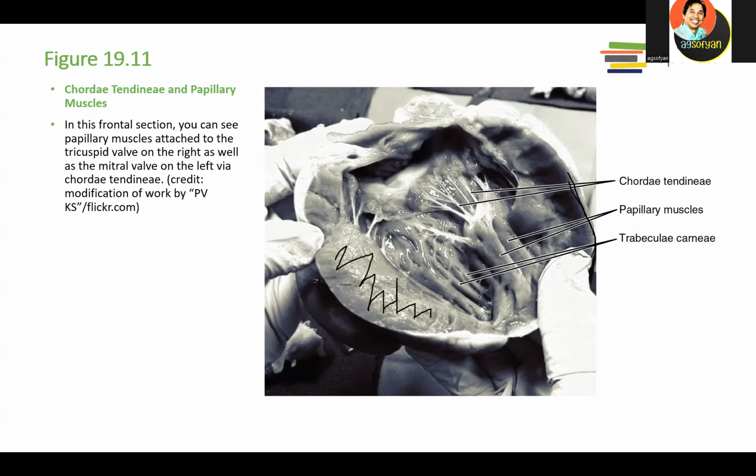And from this, you should be able to guess which one is the left chamber, the left ventricle, and which one is the right ventricle. Just remember, the left ventricle pumps the blood to the whole body. It means that it will require a thicker muscle to have more powerful contraction.